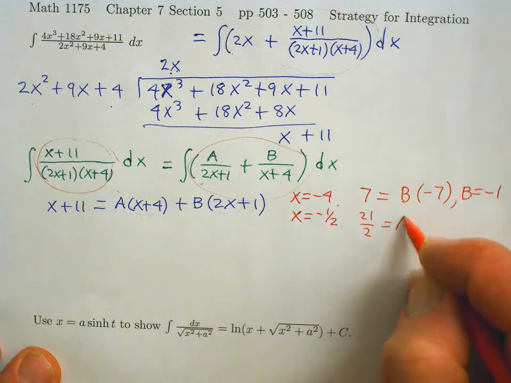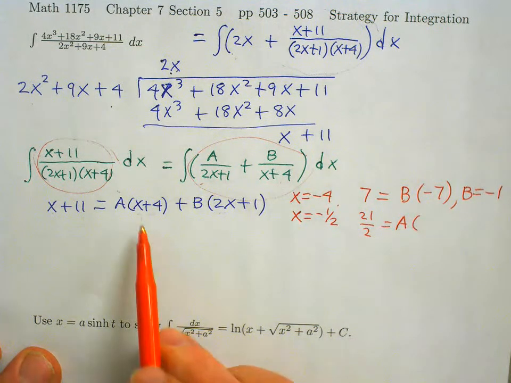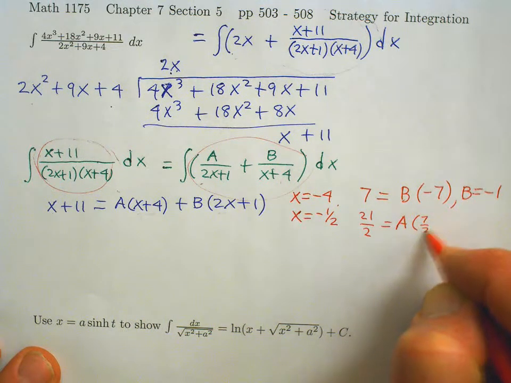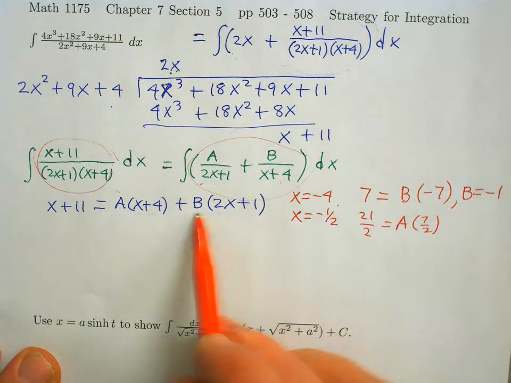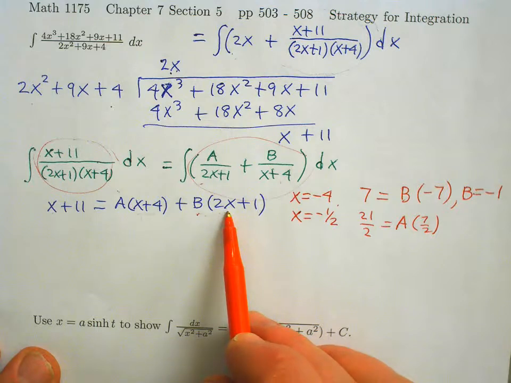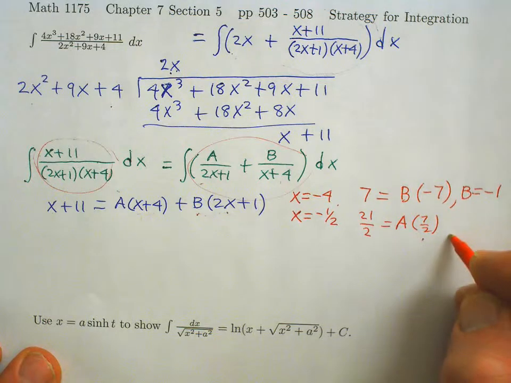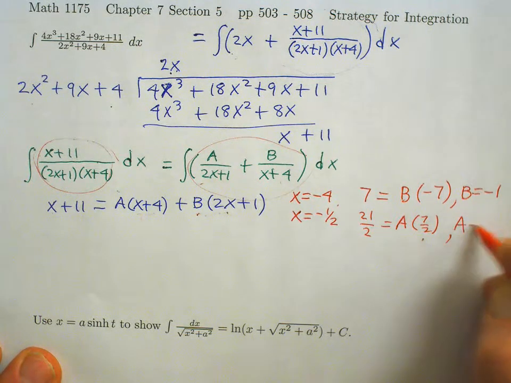And then that's equal to a times negative 1/2 plus 4 is 7/2. And this factor is 0 when x is negative 1/2. And so if you multiply both sides by 2/7, we find that a is equal to 3.